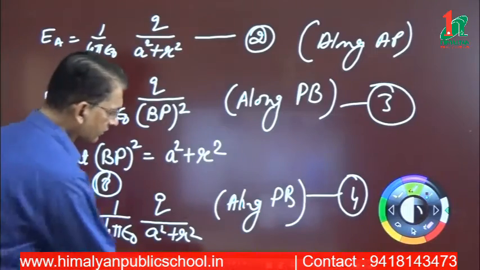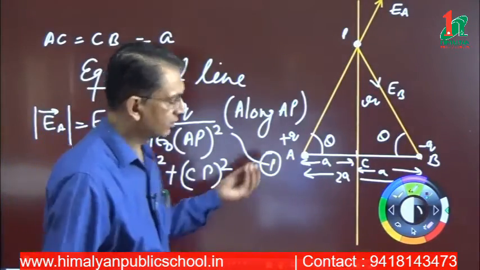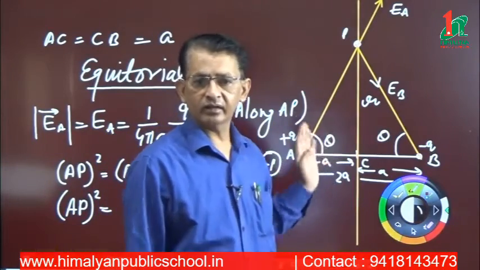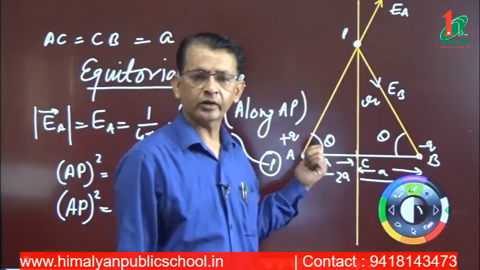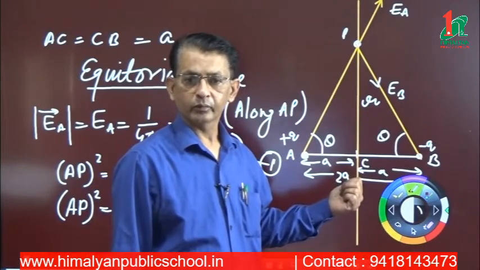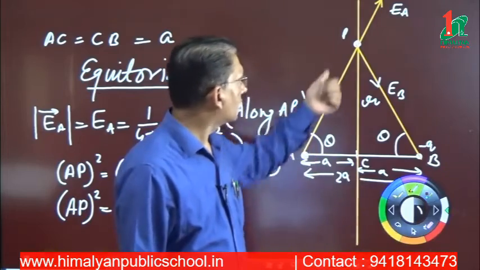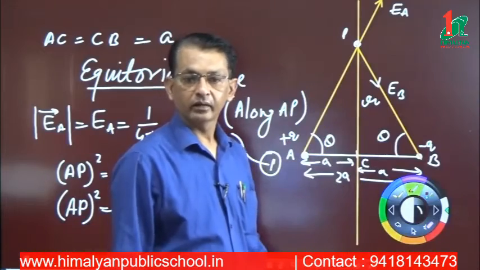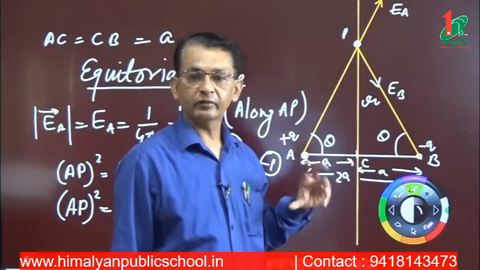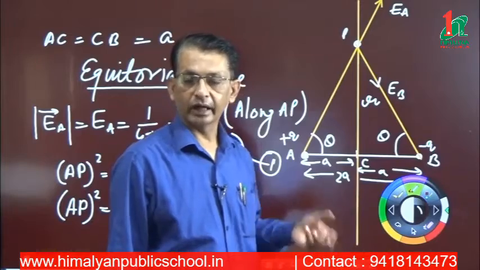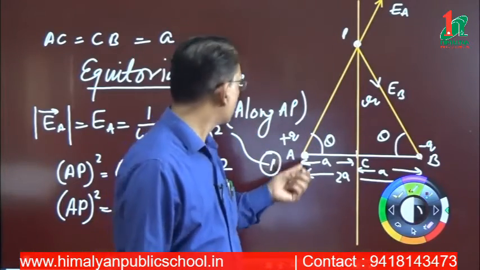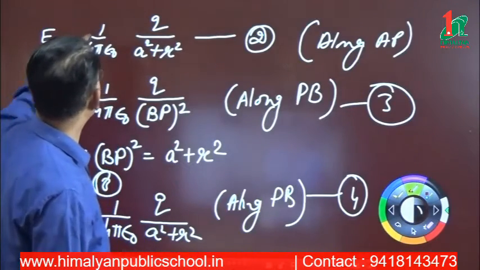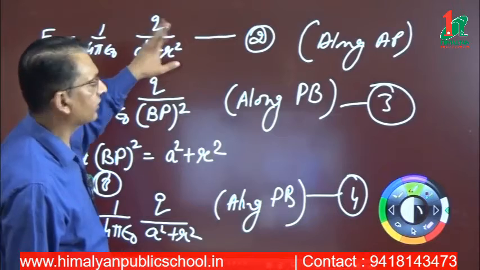Now note down this thing, it's very easy. One charge is positive, the other charge is negative, but their magnitudes are the same, both are Q. And they are at equal distance from the point of observation. Hence they will produce electric fields of the same magnitude at point P. Plus Q will produce electric field EA, 1 by 4 pi epsilon naught Q upon A square plus R square.